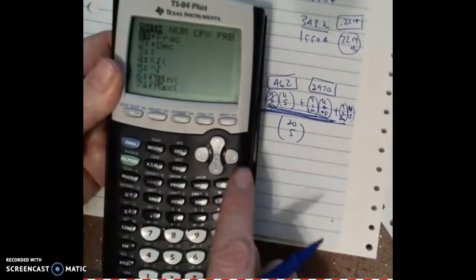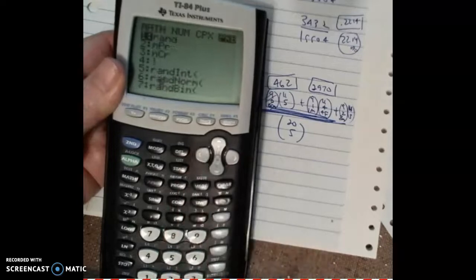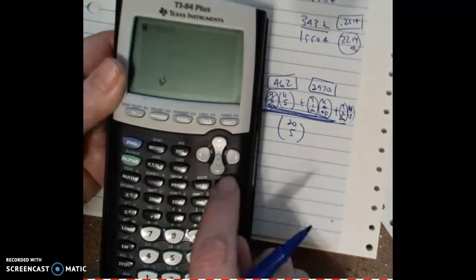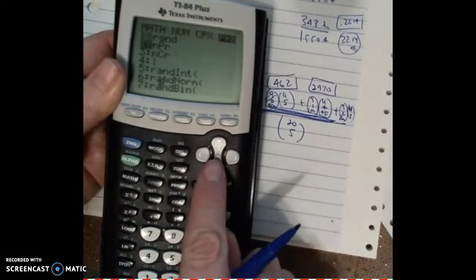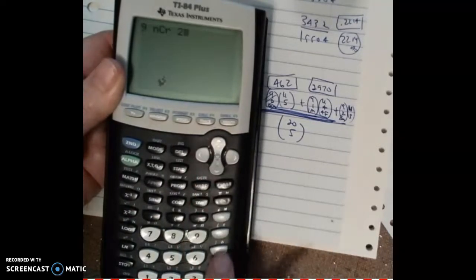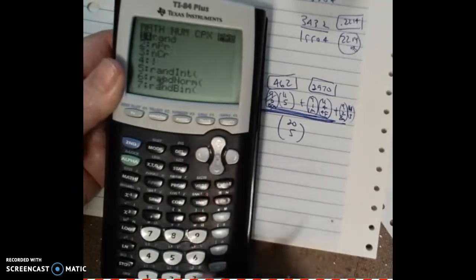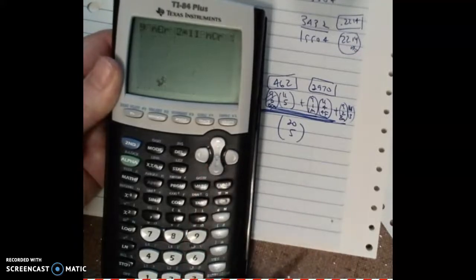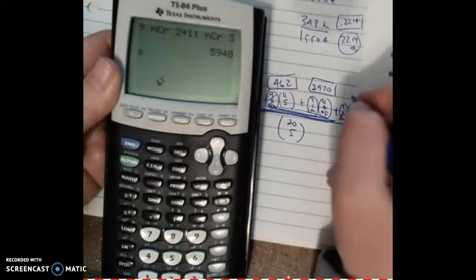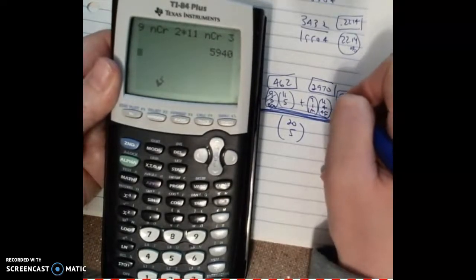9, math, probability, oopsie, probability. Well, it helps if I type the right button. Math, probability, combination, choose 2 times 11. Math, probability, so I want combination, choose 3. Okay, so that's 5940, and again, that's 9.